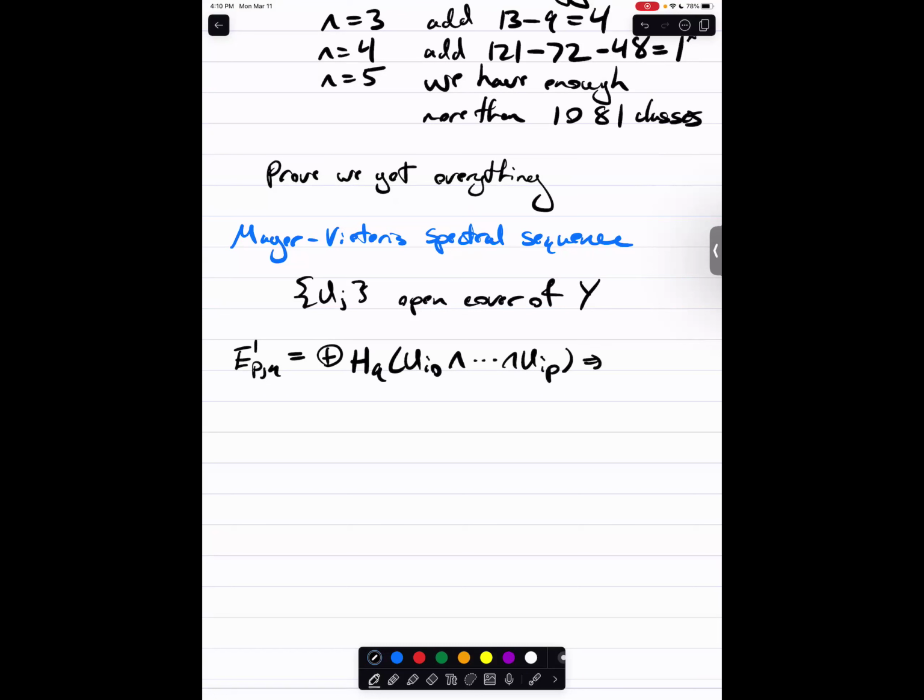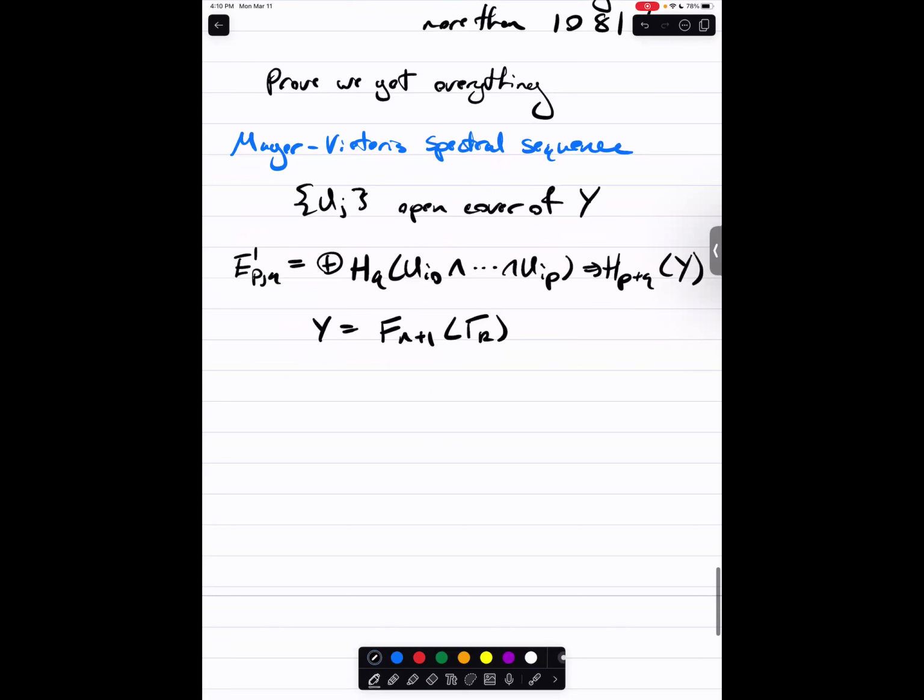And this is going to converge to the H sub p plus q homology of Y. And so for us, our Y is going to be equal to the ordered configuration space of n plus 1 particles on Gamma k.